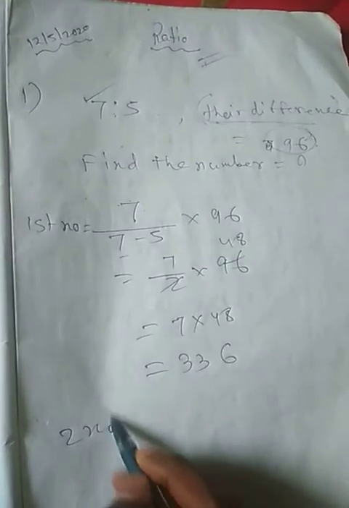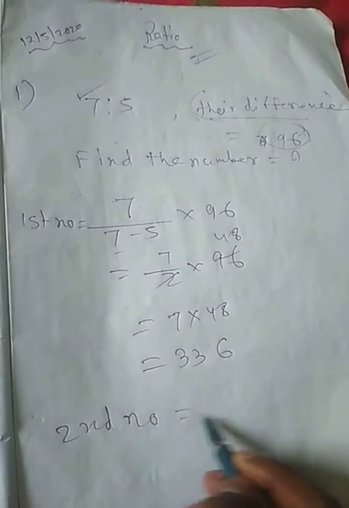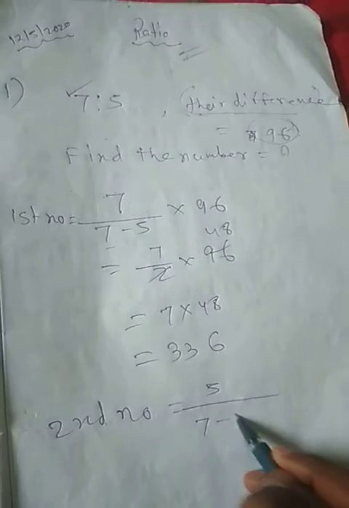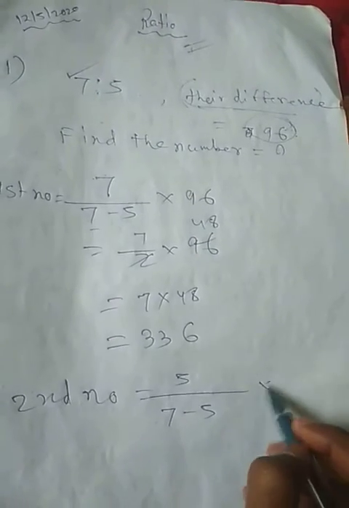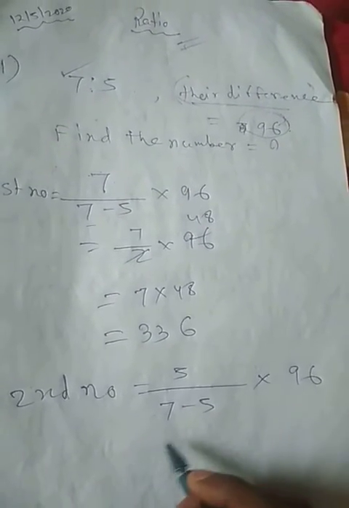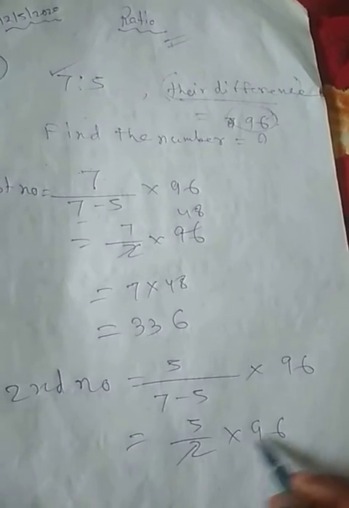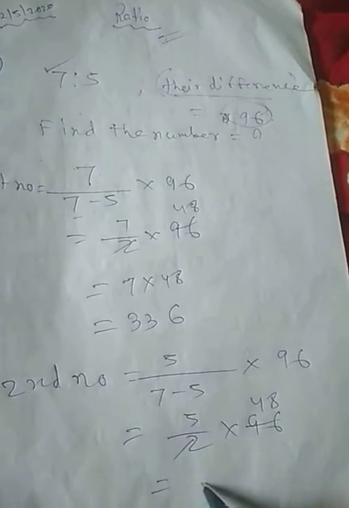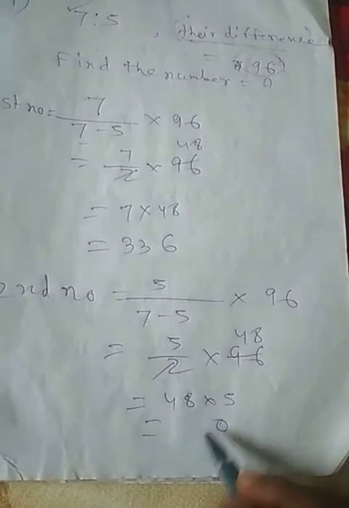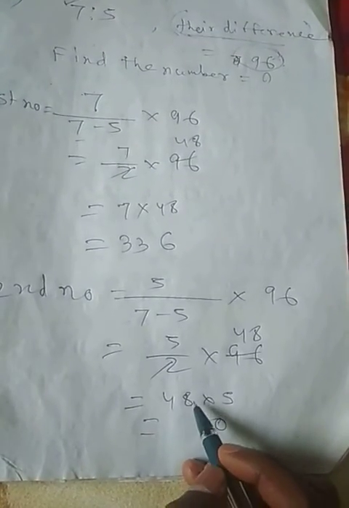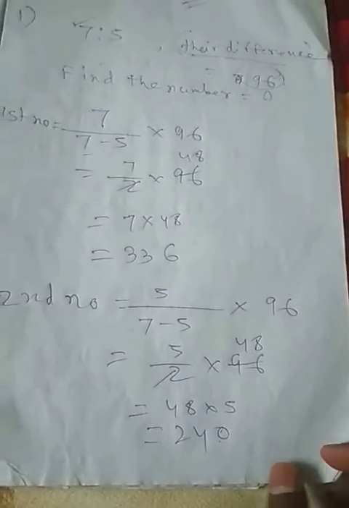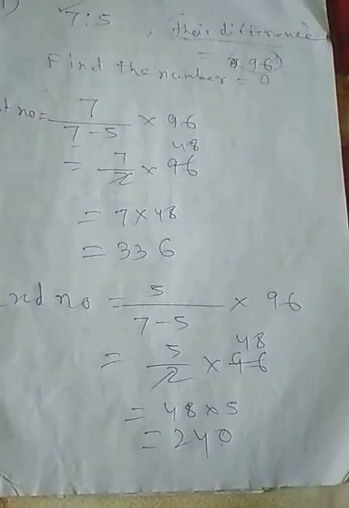Okay, the second number, in the same way, as the second ratio is 5, is 5 by 2 into 96. So I got 48 into 5. So the two numbers are 336 and 240.